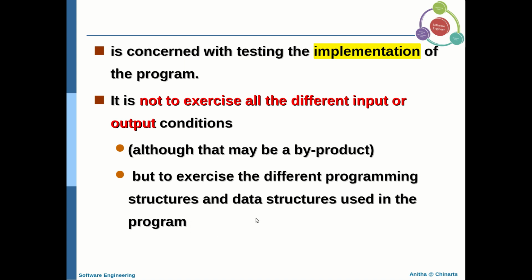Or what are the kind of data structures you are going to use in the program, or what are the different data variables that you are using in the program, whether all the data variables that are used are properly declared in your program. These are the things that will be tested in the white box testing.